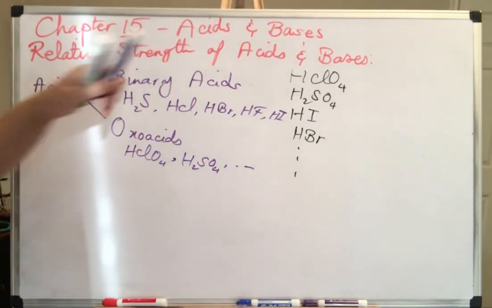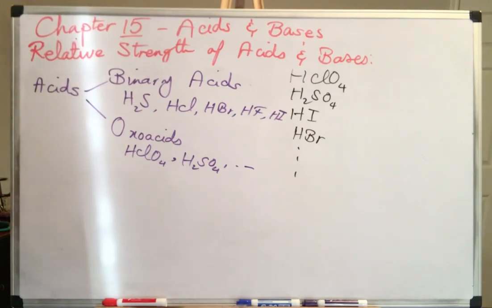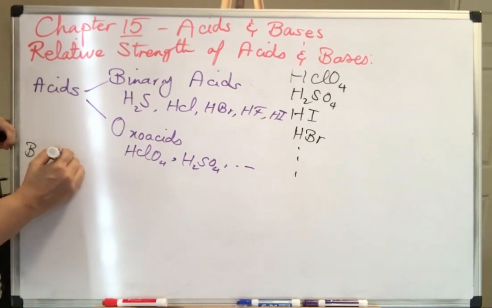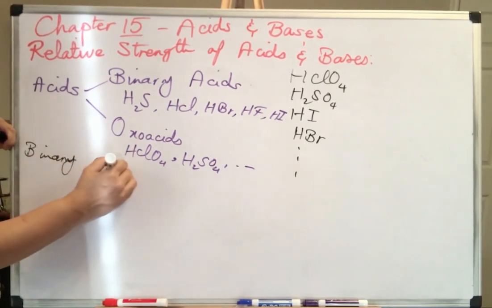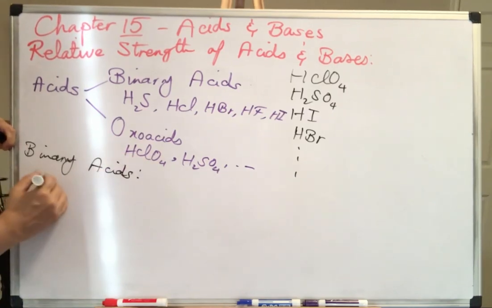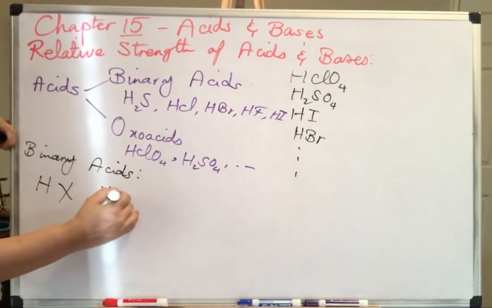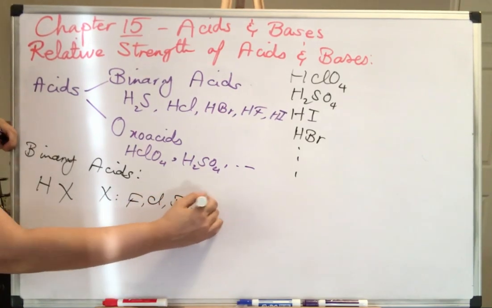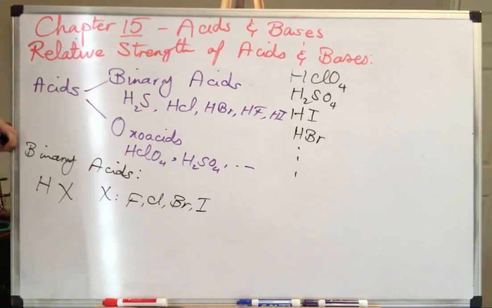So let's talk about the strength of binary acids first. If you have a binary acid composed of hydrogen and a halogen, X can be fluorine, chlorine, bromine, or iodine.